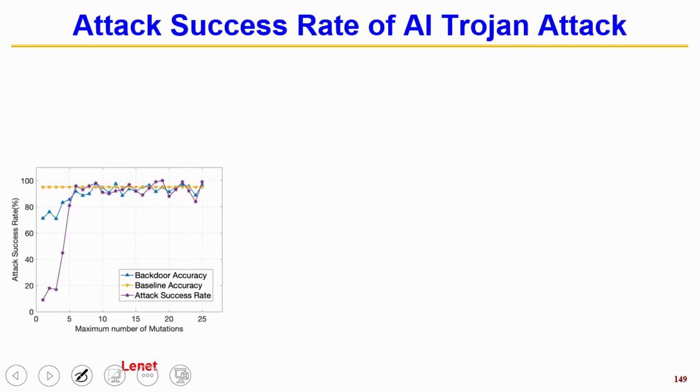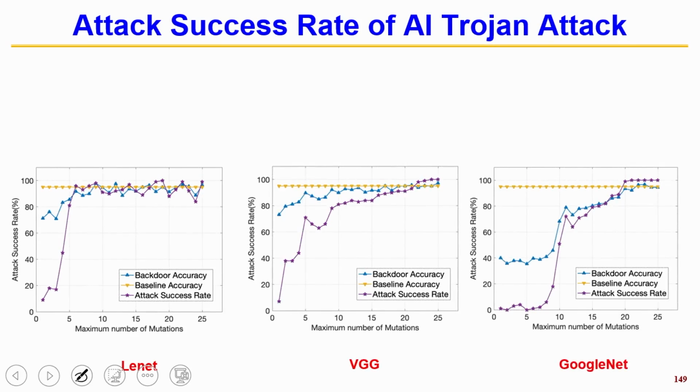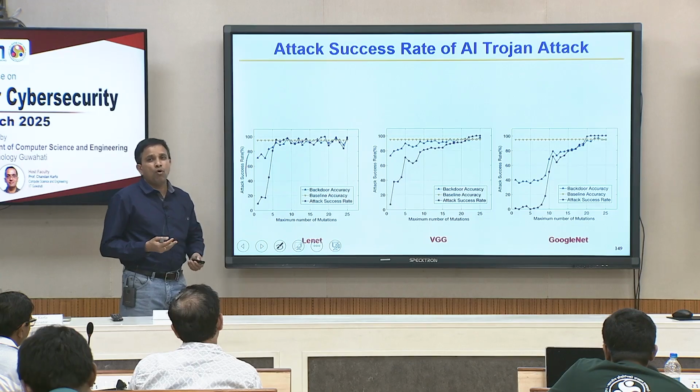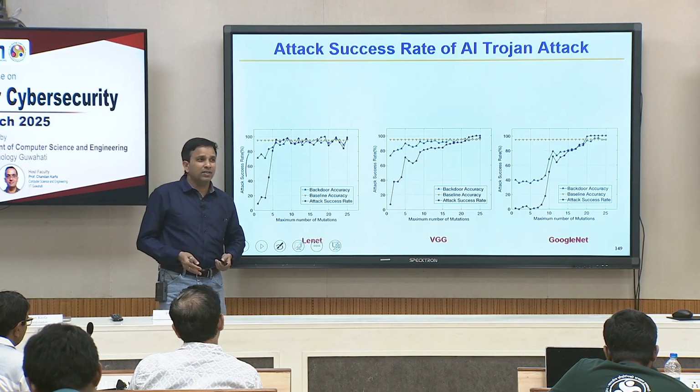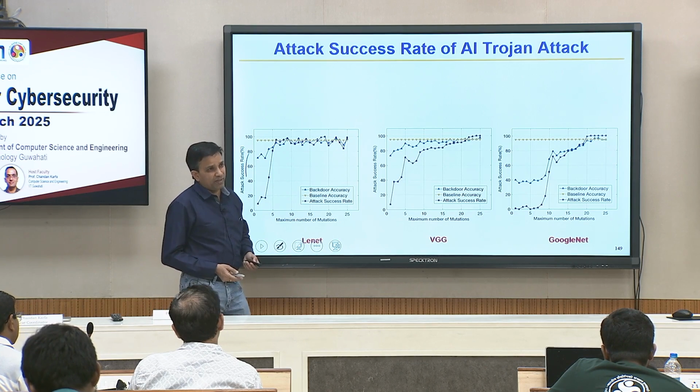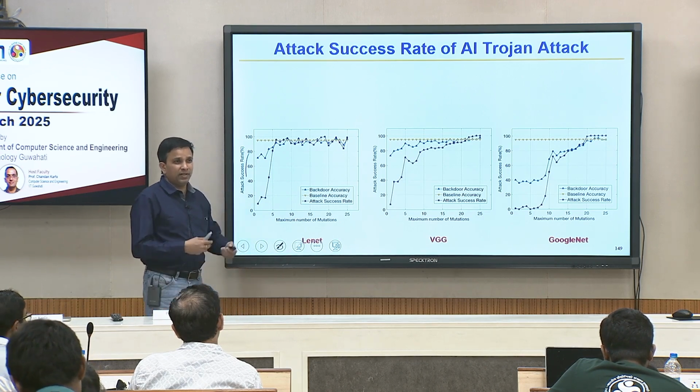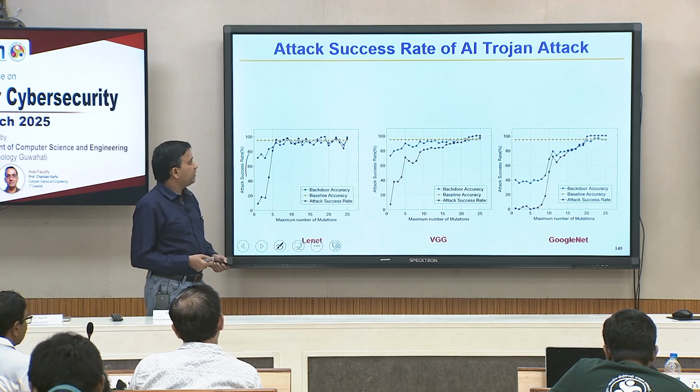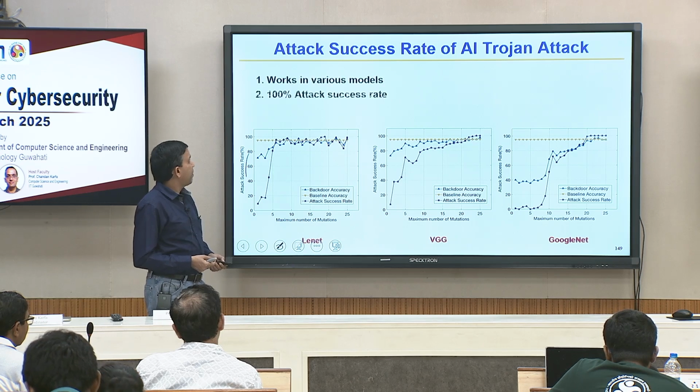If you look at the attack success rate for different types of models, if you do a reasonable number of mutations, it goes close to 100%. That means all the Trojan infected designs would be marked as Trojan free, all of them. If you give 100 examples, all 100 would be indicated as Trojan free.